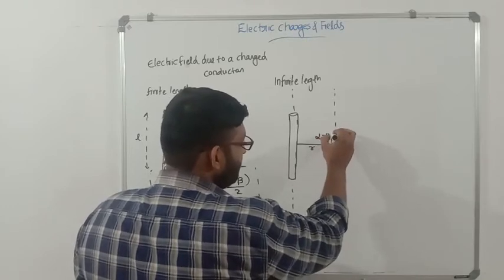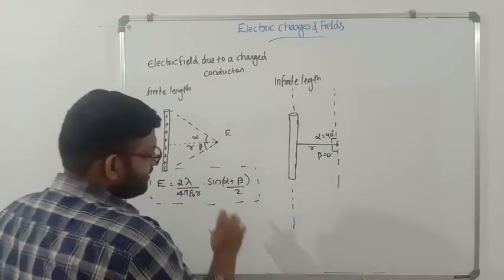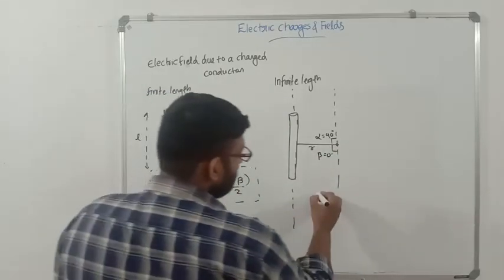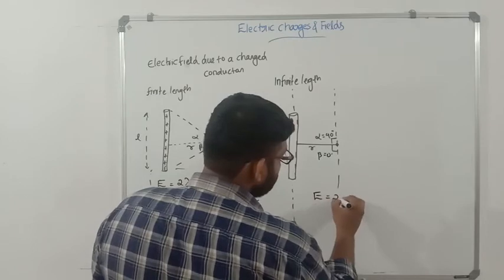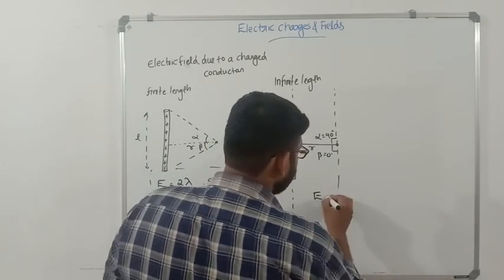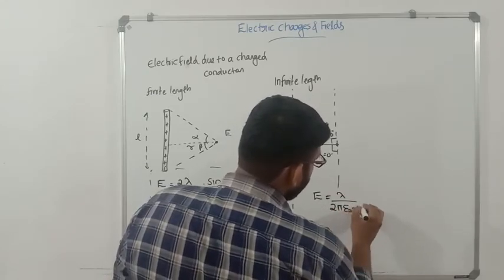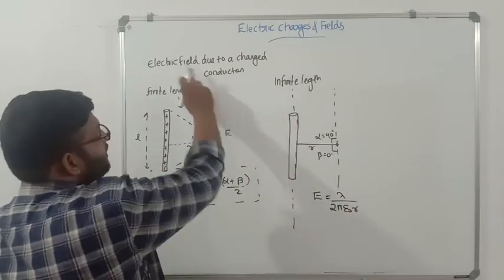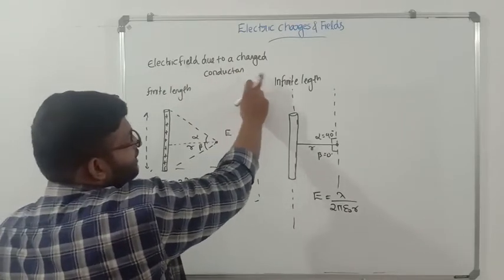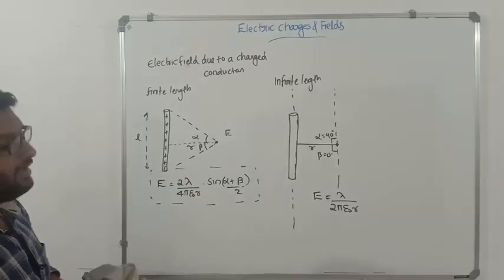Alpha is 90, beta is 90. So if I substitute that over here, this equation will become lambda divided by 2 pi epsilon 0 r. This is for infinite length. Electric field due to a charged conductor of infinite length. For finite length, these are very, very important. Please note down.